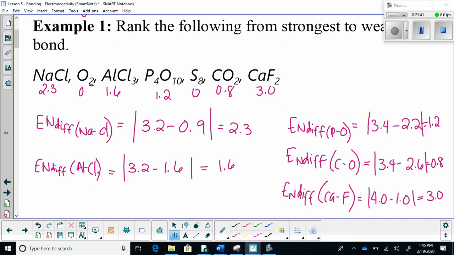Calcium fluoride, right. Why? All right, good. This is our strongest because it has the highest electronegativity difference. Okay, so let's rank these.